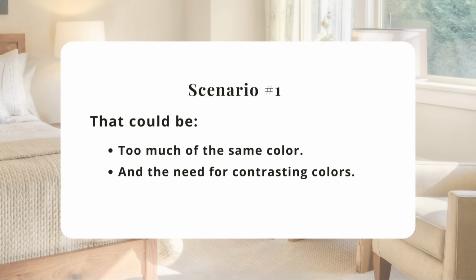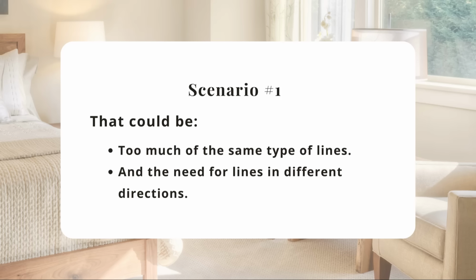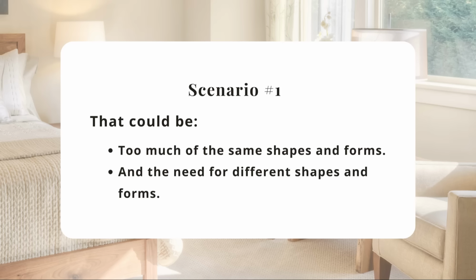If there's too much of one color and maybe not enough of another, or lines, if everything is very vertical and there's not a lot of horizontal lines, or if there's all the same type of texture in the room, or maybe it has to do with having one type of shape or form in a room, and maybe you need to bring in some contrasting shapes and forms to add more variety.